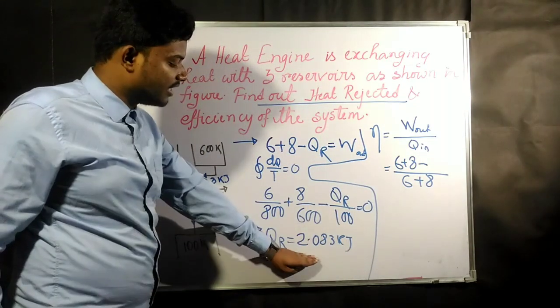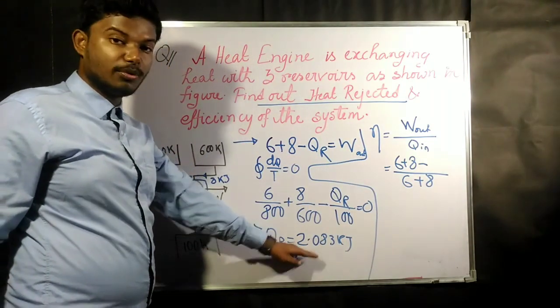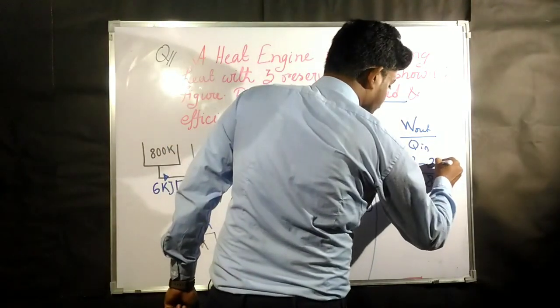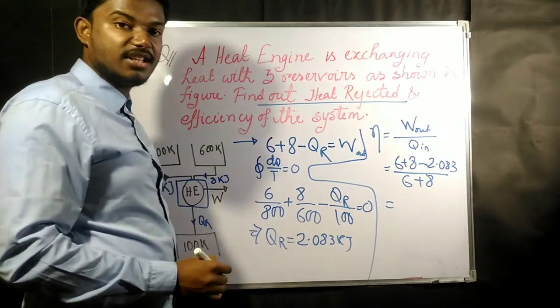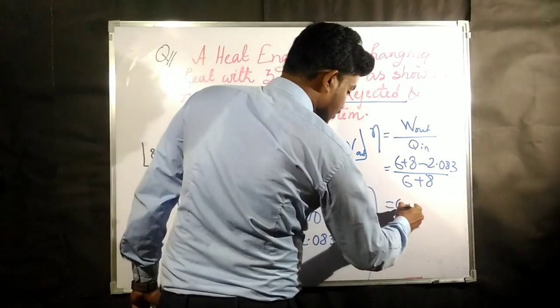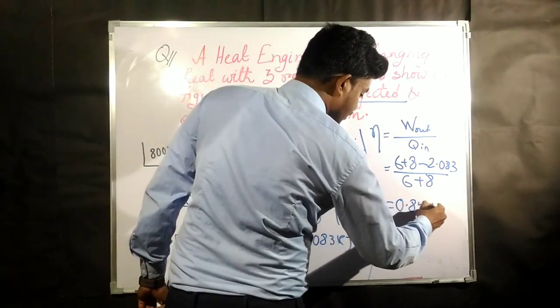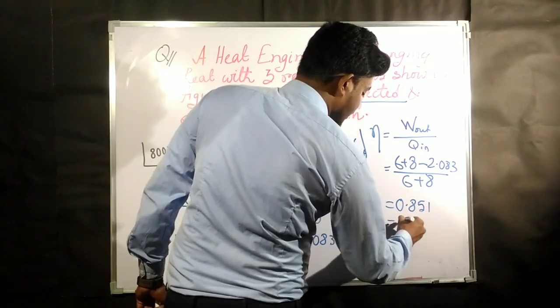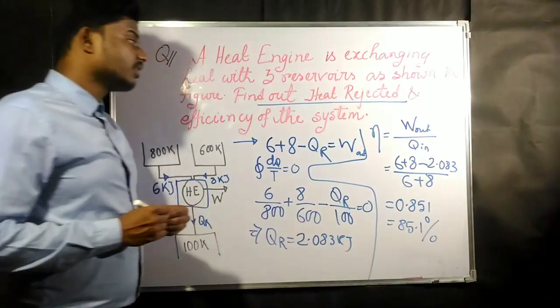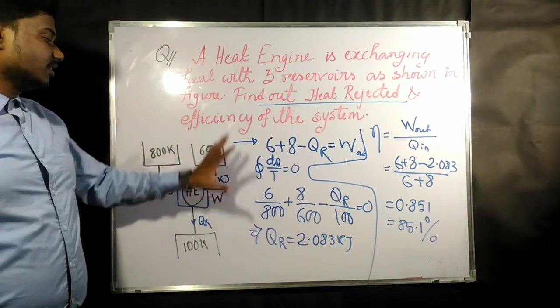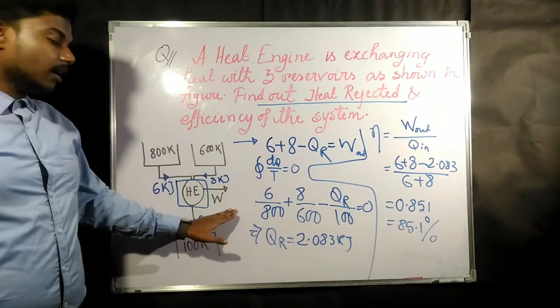QR value is nothing but 2.083. 2.083 is going to give you efficiency. Now what is the efficiency? If you do this, you will get the efficiency as 0.851 or equal to 85.1%.